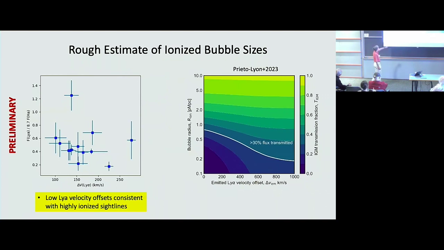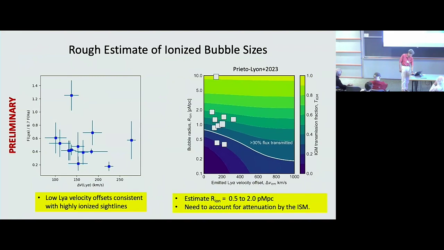In that scenario, you can see here that typical escape fractions would be like 40 to 60% for the Lyman alpha emission, which, for those of you who work on similar things, are very large Lyman alpha escape fractions. As I said, these are preliminary numbers where the ISM attenuation is not included yet. We'll talk about that briefly in a minute. But if I translate this into the model that I discussed in the prior slide, you can see that this would correspond to bubble radii of 0.5 megaparsec up to almost 2 megaparsecs.